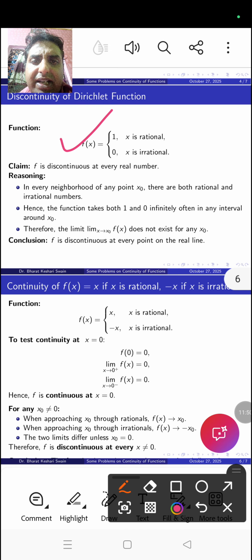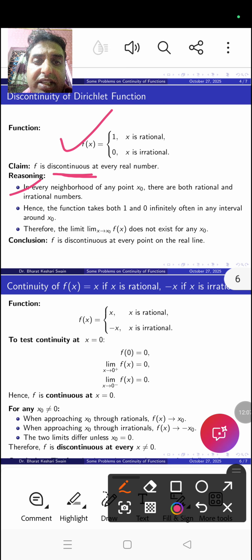So what is your claim? It will be discontinuous. How? To check it, just check some reasoning. What are the reasons? In every neighborhood of any x0, there are both rational and irrational numbers.